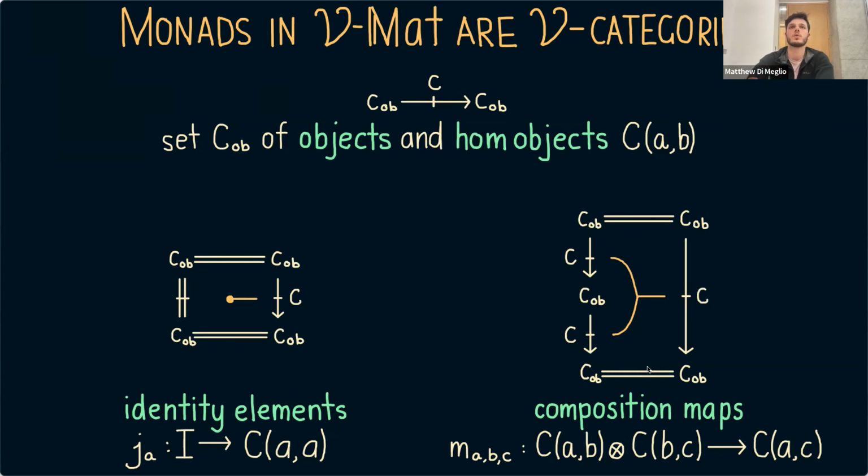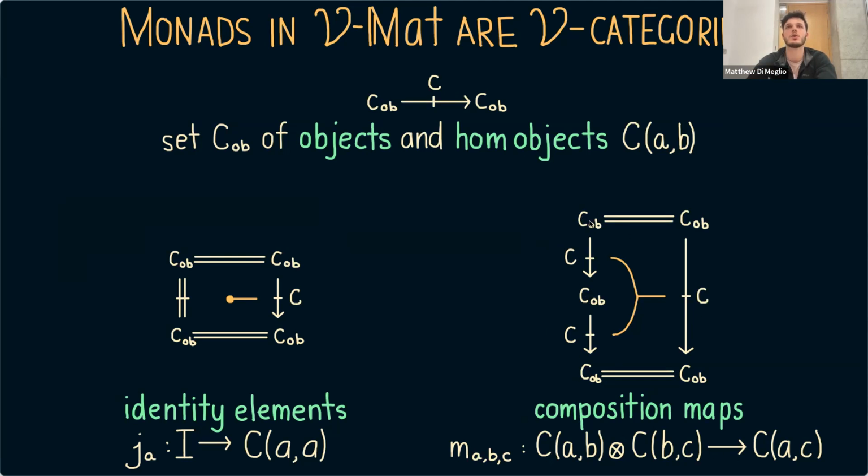Similarly, this multiplication cell for the monad gives us the composition maps. So if you think about what we have on the left here, we have the product of the matrix C with itself, and that matrix product is really some sum over all of the objects in the middle of the tensor product of CA with that object, with C of that object with this little c.